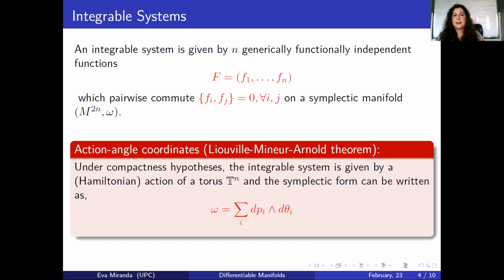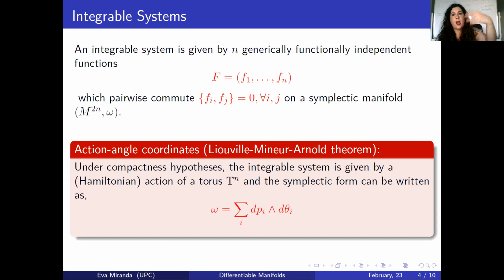So in this theorem, what's interesting about this, it tells me two things. First, it tells me that the topology of an integrable system, of the fibers defined by F, is extremely easy to understand. I have a fibration by tori. And secondly, it's telling me that the symplectic geometry in the neighborhood of this torus is extremely simple. There is only one local model.